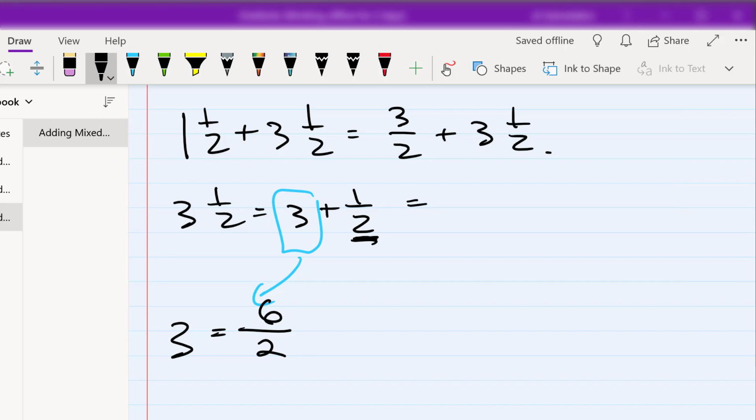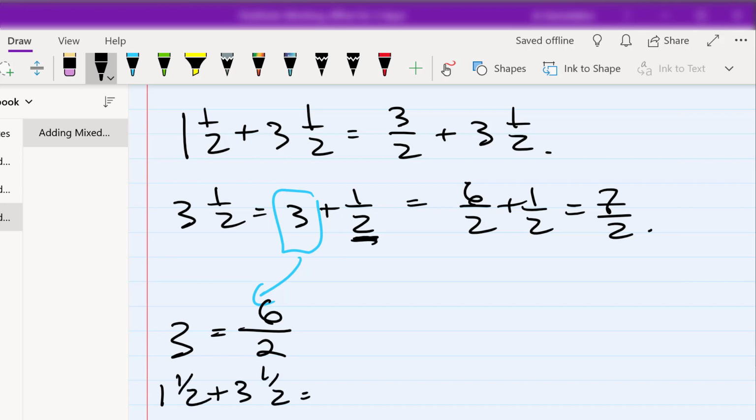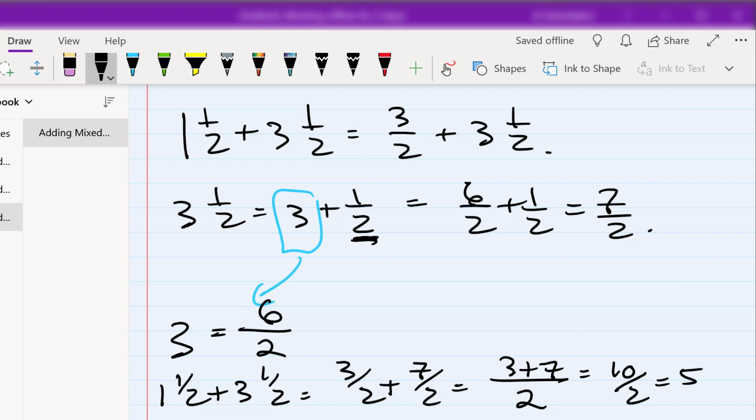So 3 plus 1/2 is really 6 over 2 plus 1/2, which is 7 over 2. Therefore, 1 and 1/2 plus 3 and 1/2 is 3/2 plus 7/2, which is, we write the denominator 2 and we add the numerators 3 plus 7, which is 10 over 2, which is 5.